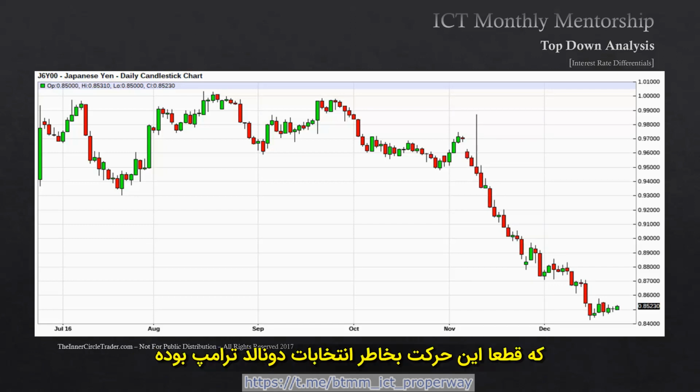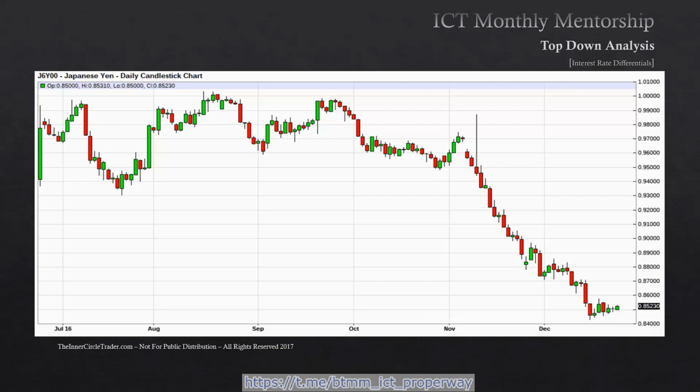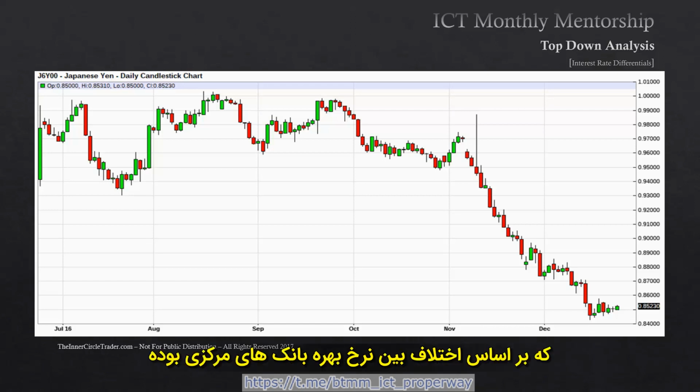Now, obviously, this is seen on the heels of the Donald Trump election. But nonetheless, this move, many hundreds of pips, well over 1,200 pips of a price move, is based on the central bank interest rate and the differential between the two.